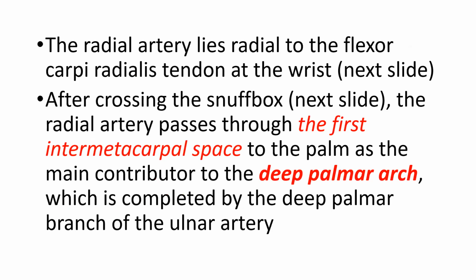The radial artery lies radial to the flexor carpi radialis tendon at the wrist. After crossing the snuff box, the radial artery passes through the first intermetacarpal space to the palm as the main contributor to the deep palmar arch, which is completed by the deep palmar branch of the ulnar artery.